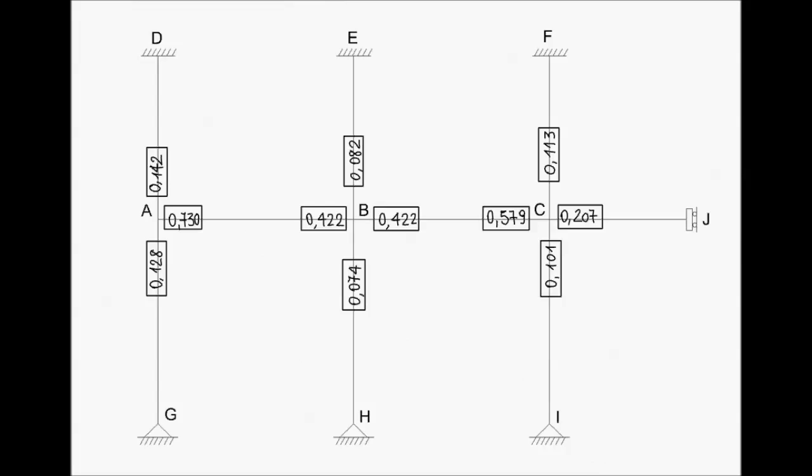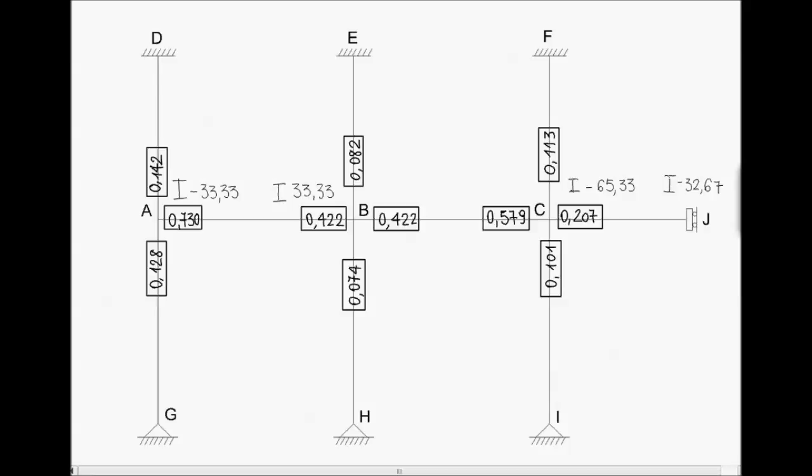So this is the structure on which we will apply the Cross method. We have written in the box the values of the distribution factors we have just calculated. Now we are going to write the first moments, so the fixed end moments we have found in the first phase, in which we have added the additional restraints and considered the distributed load on the beams.